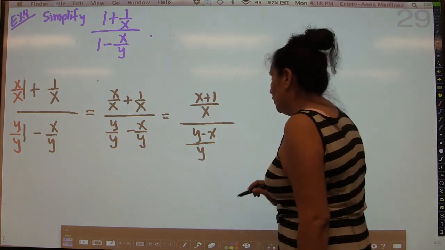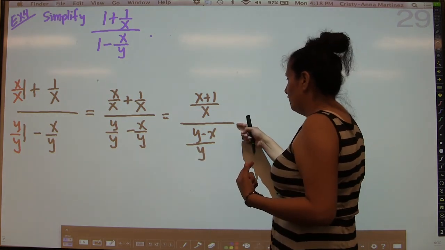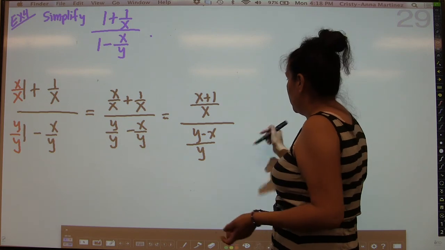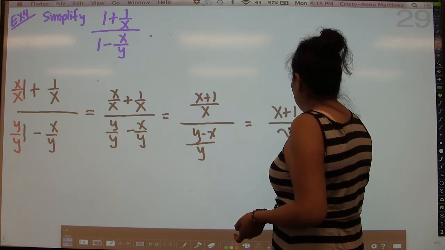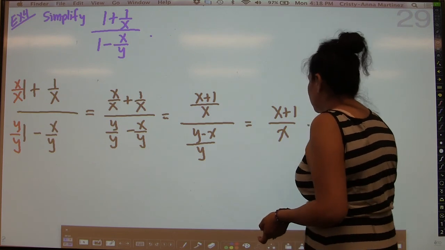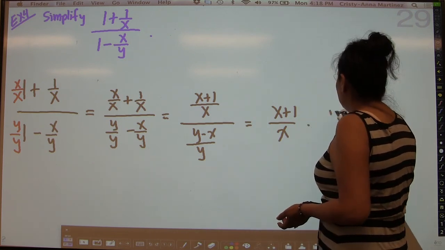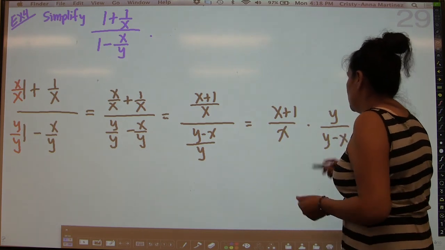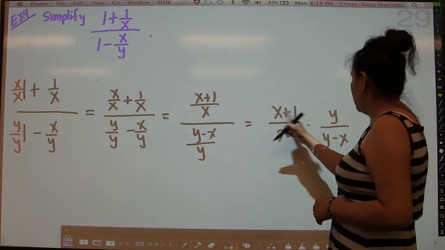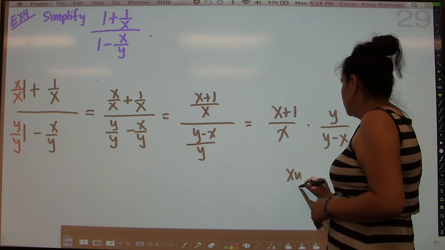And then, of course, we learned in our previous lesson that you could flip the second fraction over and multiply. So that would be x plus 1 over x. And instead of dividing, you'd be multiplying by y over y minus x. And then you could multiply across, and you would get x times y is xy.